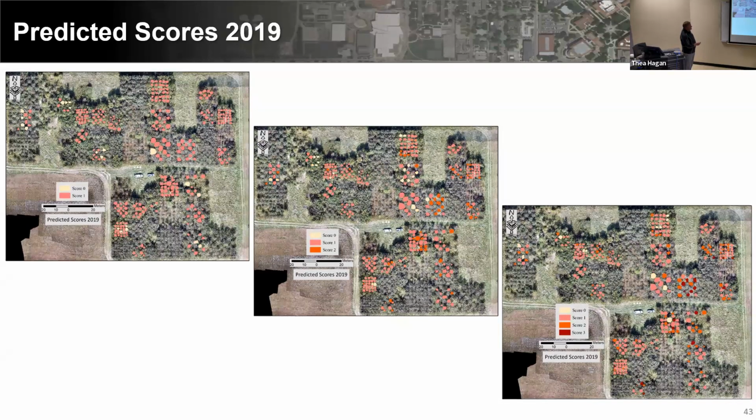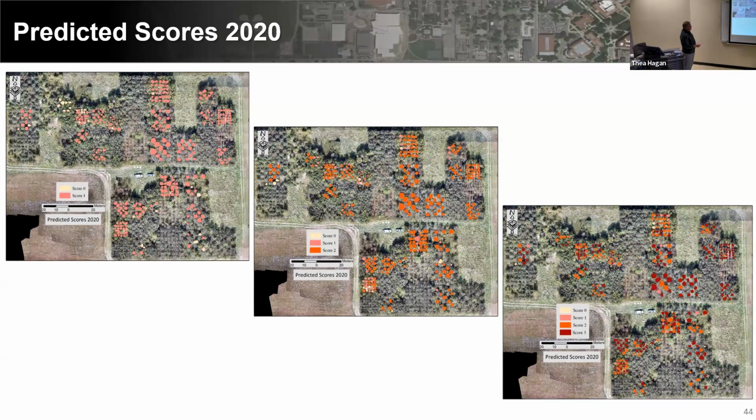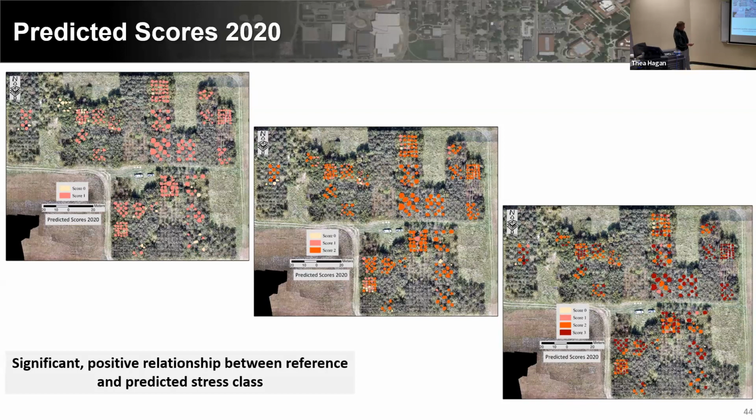We start to see that there's development, more trees have blight, and then we see that blight is pretty predominant in most of these stands. And it doesn't matter which score we're using. If we track this to relate it to our scores that we measured, we see a significant positive relationship, meaning that our reference scores are being supported by the classification.